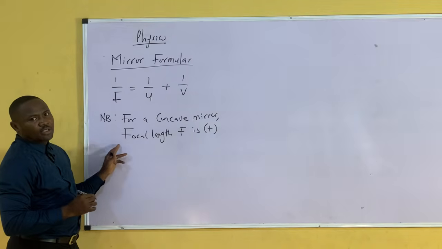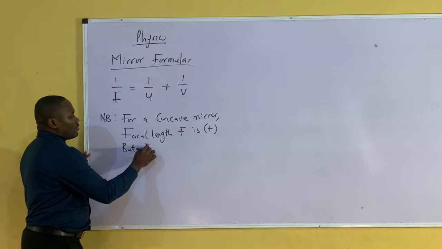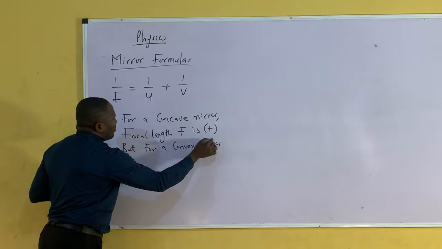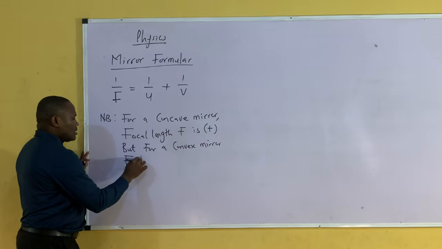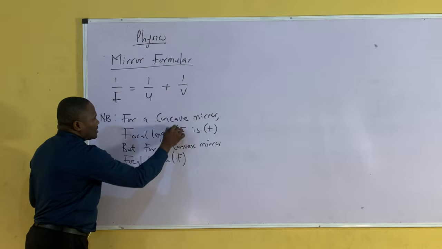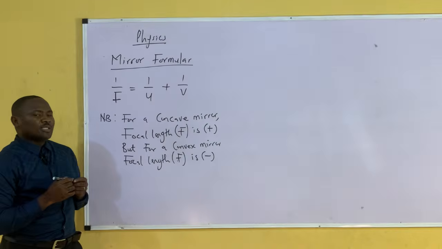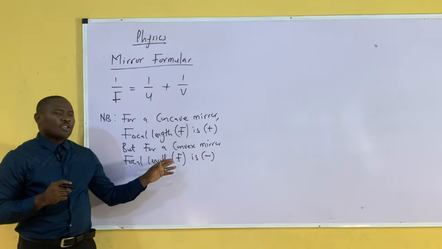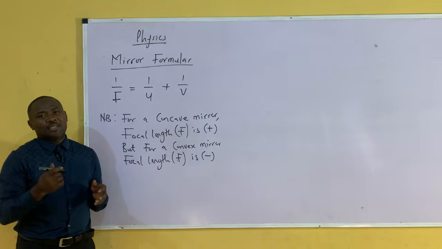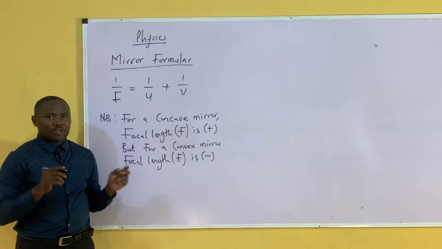But for a convex mirror, focal length, very important you know this, which is f, is negative. What does this mean? It means if I'm solving with a convex mirror, and it was told to me that the focal length is 10 centimeters for instance, I will add a negative sign to it because the focal length for a convex mirror is negative.